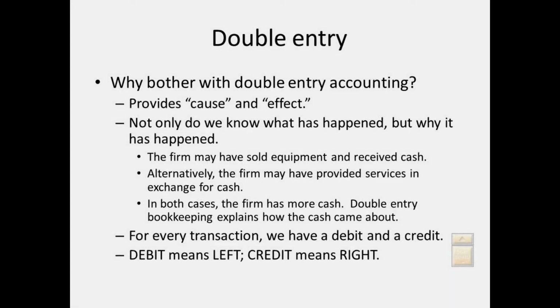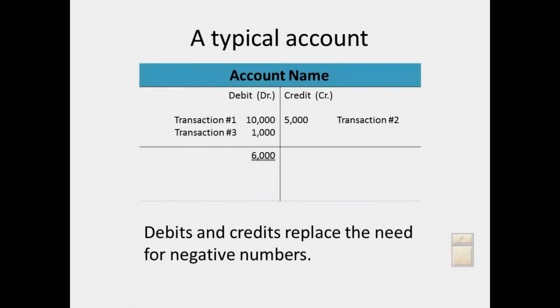So when we say you're increasing an asset, that will mean you're debiting the asset. But if we're saying you're increasing sales revenue, also a good thing, you're crediting sales revenue. So it just depends on where the account lives, whether a debit is considered a positive or a negative, and whether it's good or bad, or whether it's an increase or a decrease.